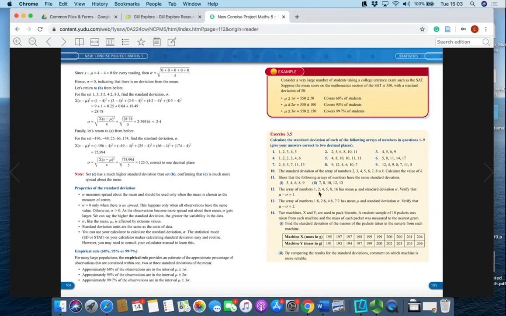The array of numbers 1, 2, 4, 5, 8, 16 has a mean, mu, and a standard deviation, SD for short. We want to verify that mu minus sigma is 1.